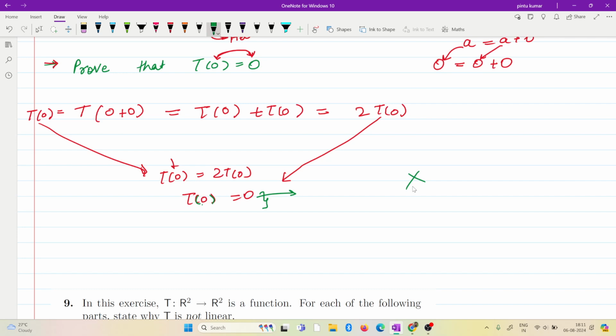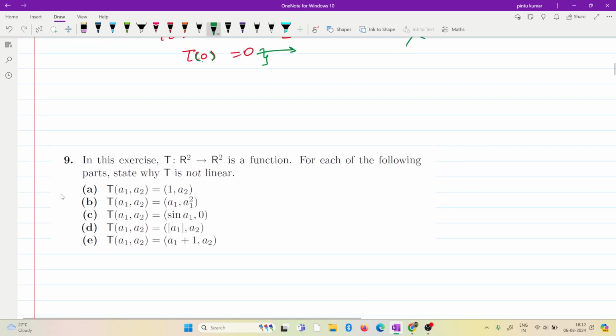So here are 5 examples that I have included. You have to check for each of them whether it is a linear transformation or not. I'll write the properties here also, and I'll give you 5 minutes to solve these, and you can type it in the chat box.